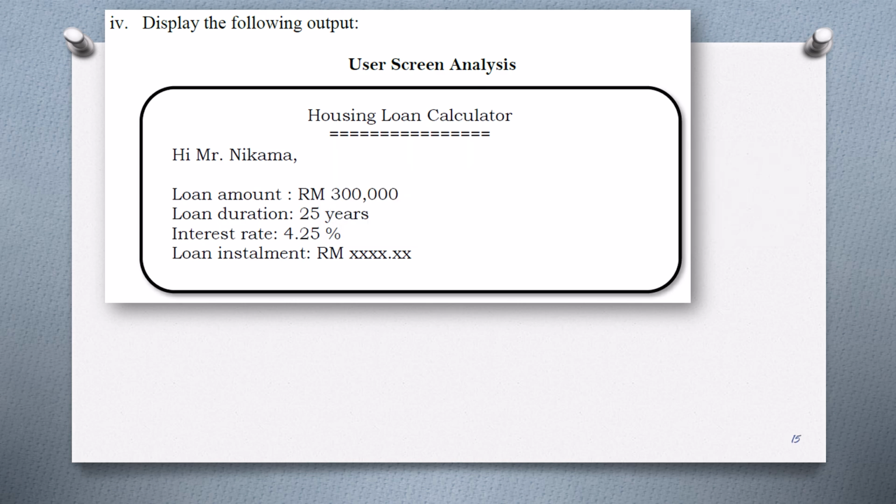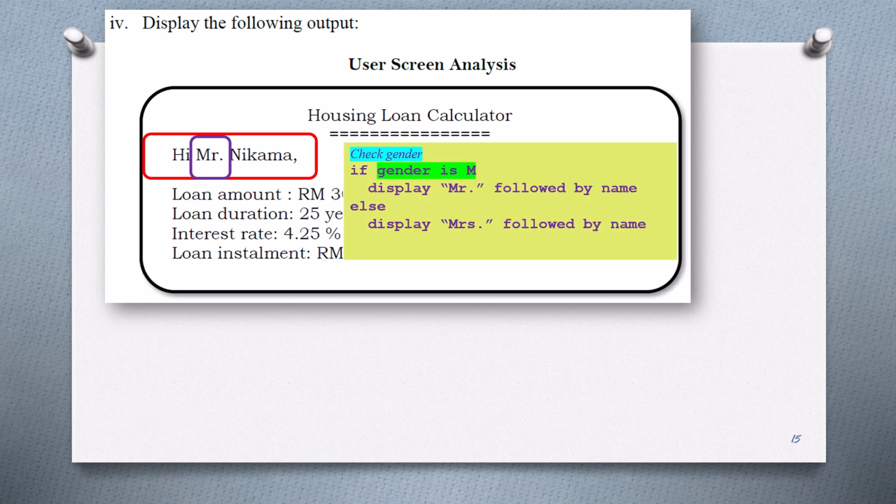Next one, we want to display the customer's name. Okay, customer's name, hi Mr. Nikama. But in this case you need to check the gender, because if the gender is male, then you store Mr. Otherwise, if the gender is female, then you have to write Mrs. So in this case you have to write a selection using the if statement.